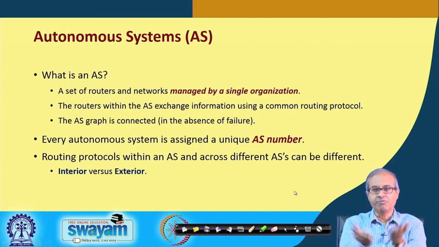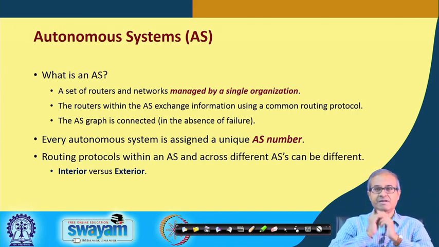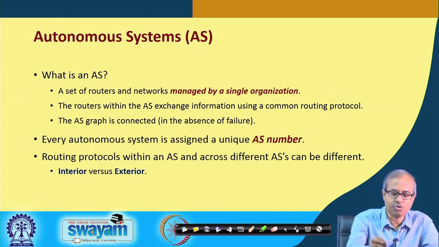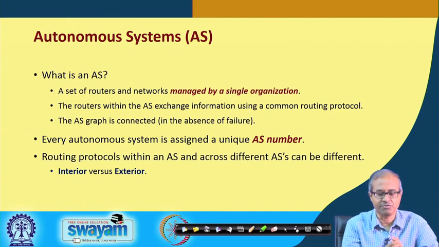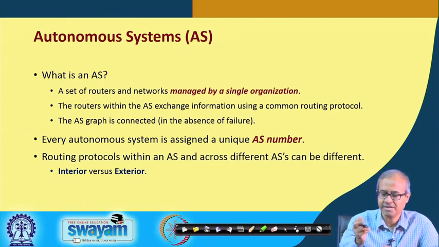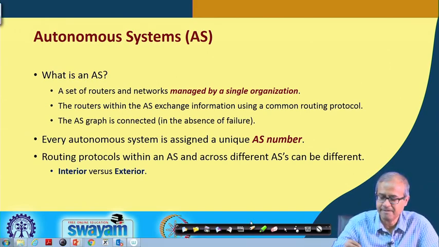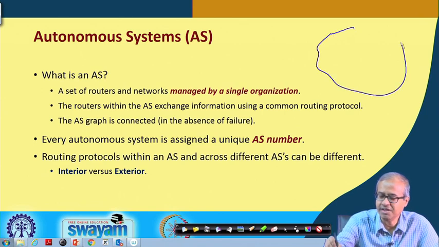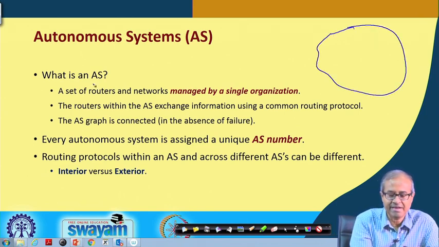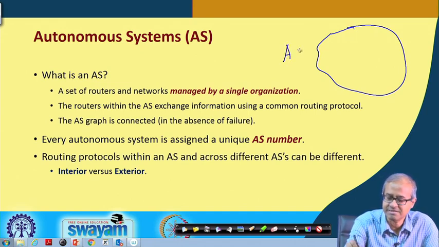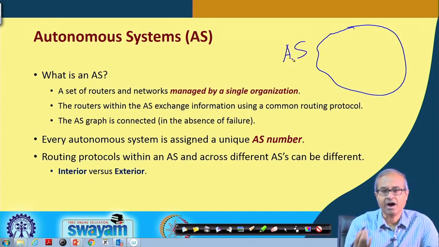Now, that boundary I was talking about technically is known as an autonomous system. Autonomous system is that imaginary boundary which I have just mentioned, or in short AS. And how do we define an AS?